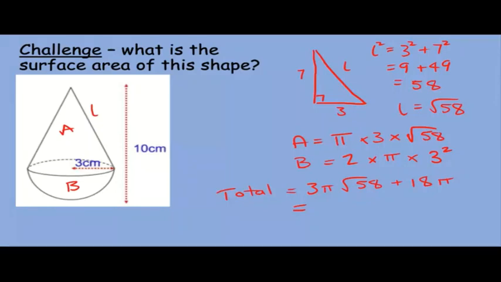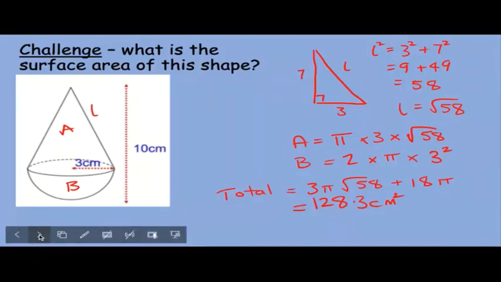And then we get our final answer of 128.3. Again, length in centimeters, so our area is in centimeters squared. If you've got that, that's really well done, because that was a bit of a stinker question.